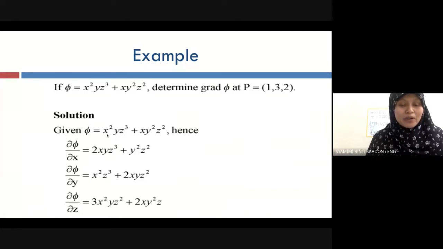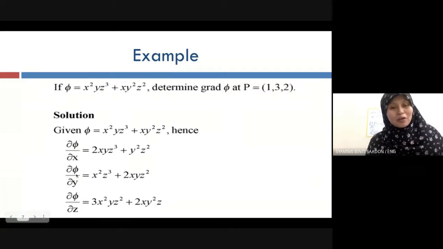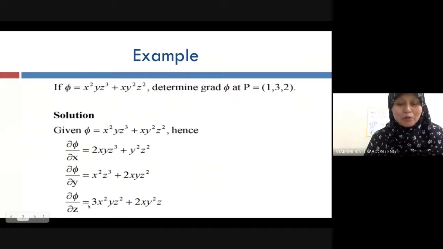We only differentiate phi in terms of x, giving 2x, and the rest we write back, y squared z squared. We imagine that y and z are constants, and do the same for component y and component z. I think we must have known this.